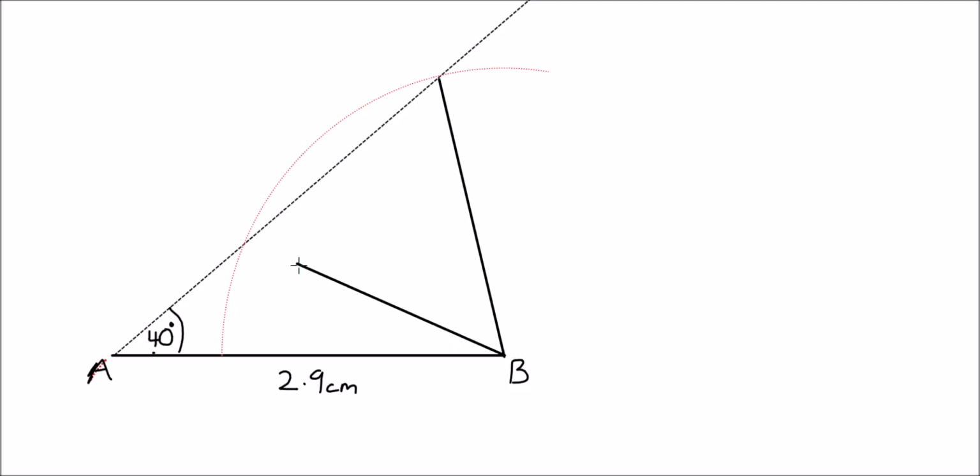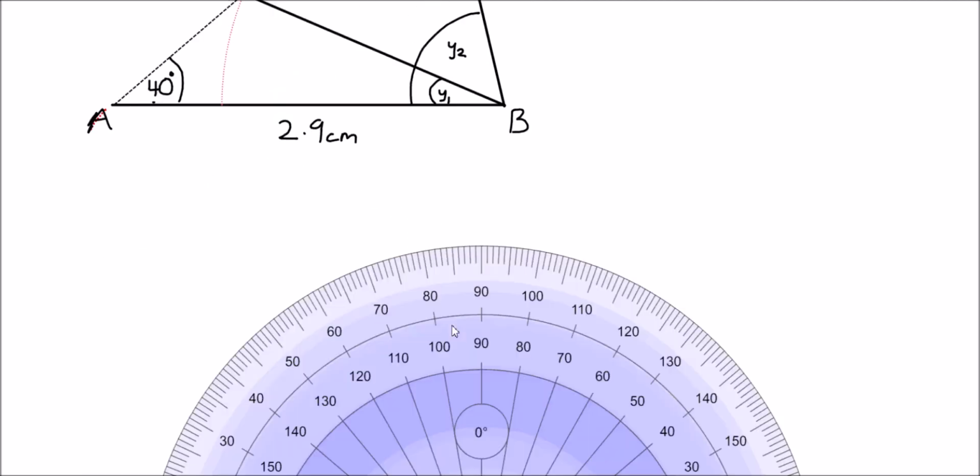Another possibility for C is across here. So I'll call it C1 or C2. I could have done C and C dashed. And so this here is angle Y. So let's call this Y1. That's one possibility for what Y1 is. And this bigger one here is Y2. Now we found the possibilities for Y to be 77.4 and 22.6.